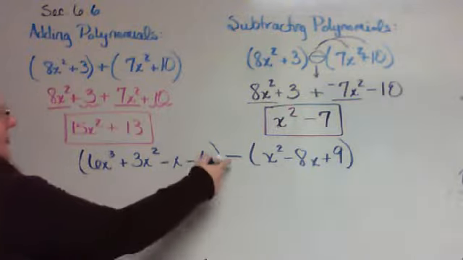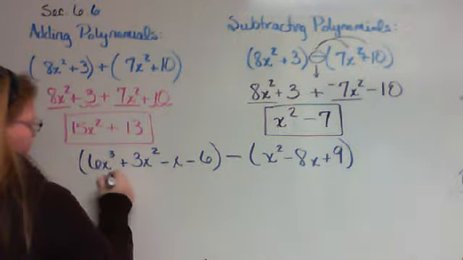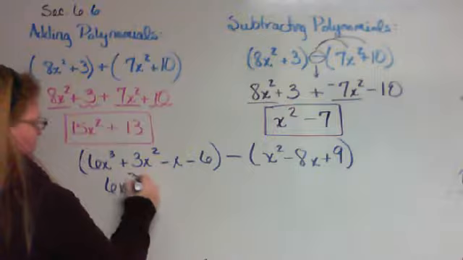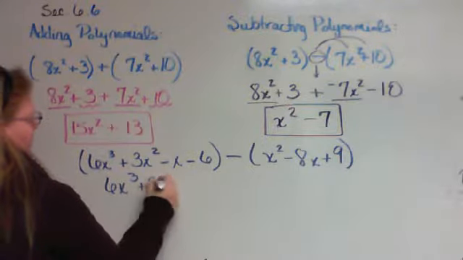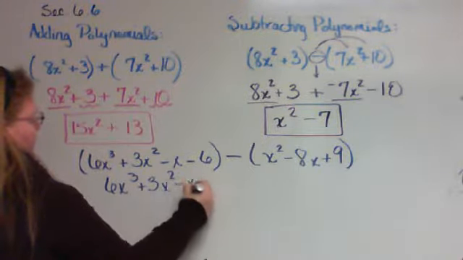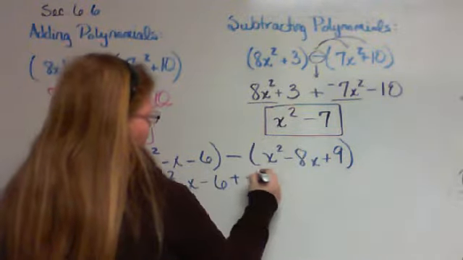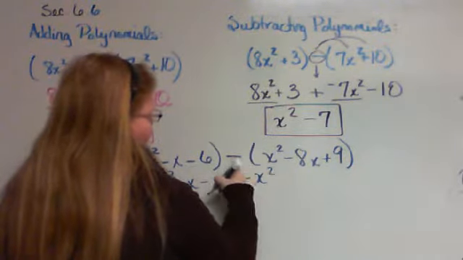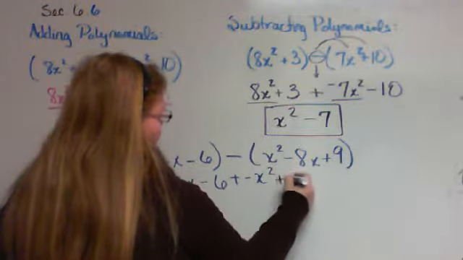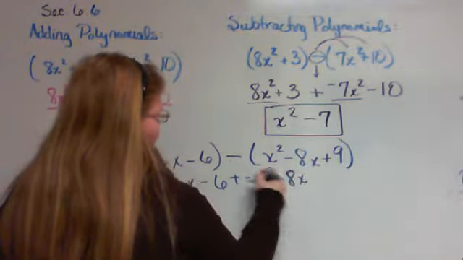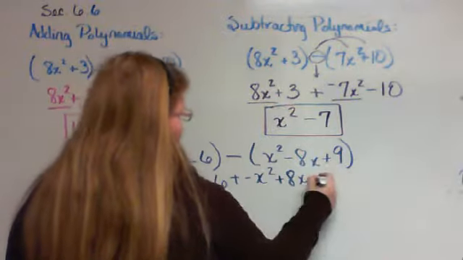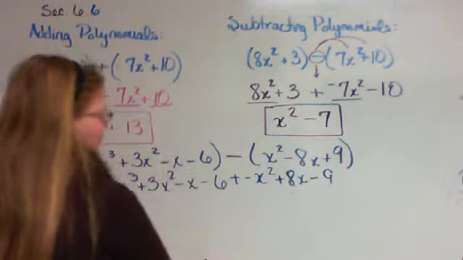So here they're asking me to subtract. So that's like saying 6x cubed plus 3x squared minus x minus 6 plus a negative x squared. Negative times a negative is a positive 8x. Negative times a positive is a negative 9.